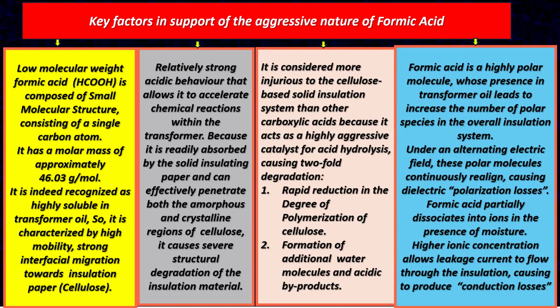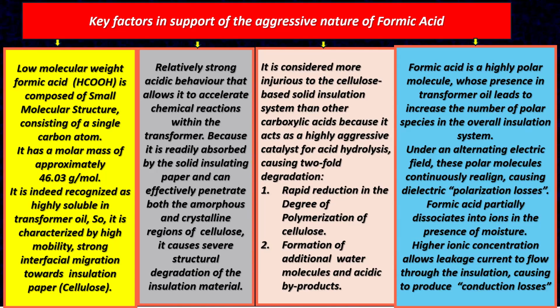It causes severe structural degradation of the insulation material. It is considered more injurious to the cellulose-based solid insulation system than other carboxylic acids because it acts as a highly aggressive catalyst for acid hydrolysis, causing twofold degradation.